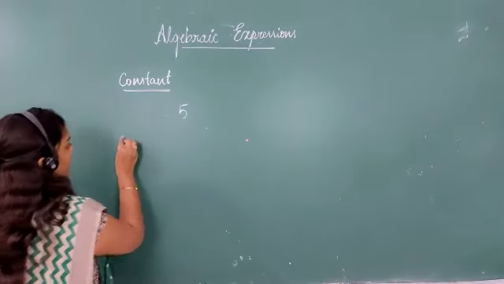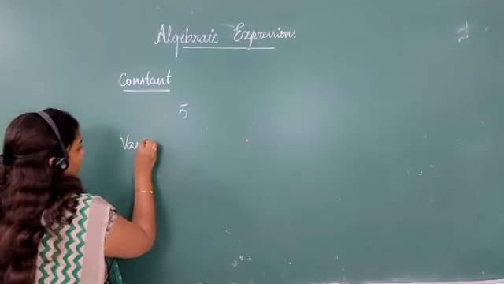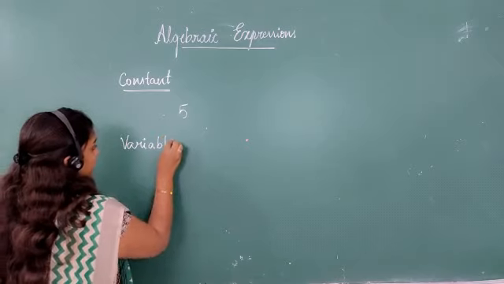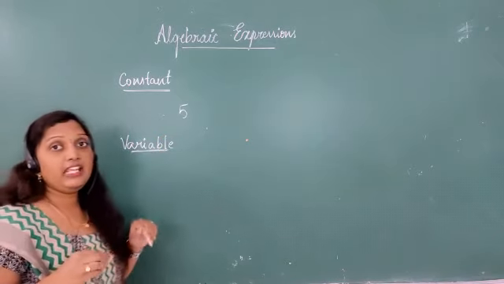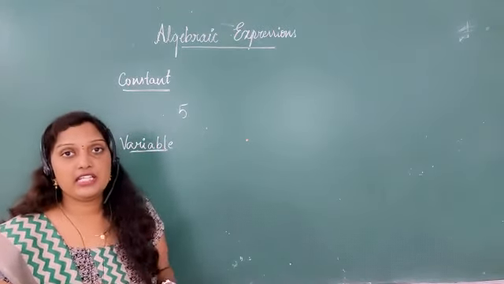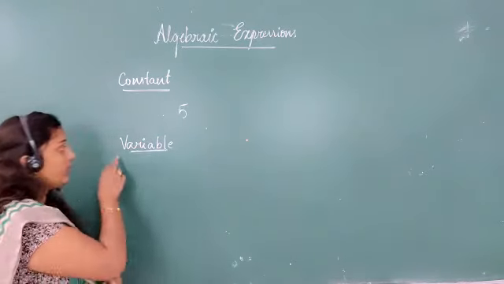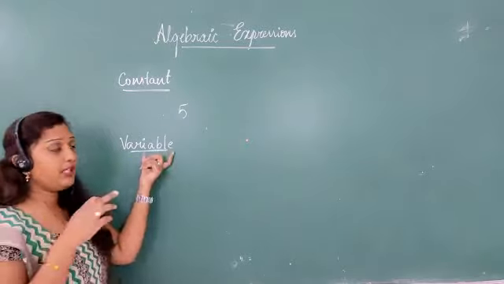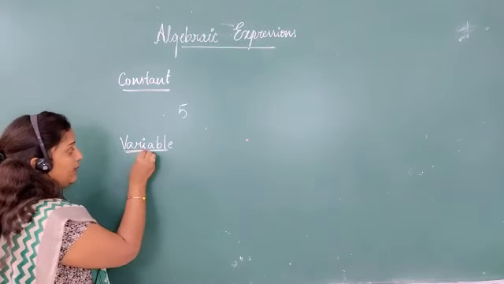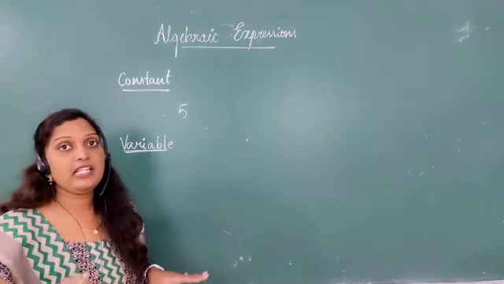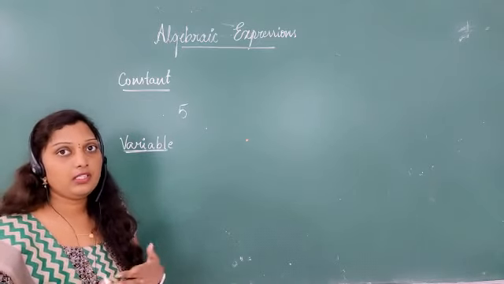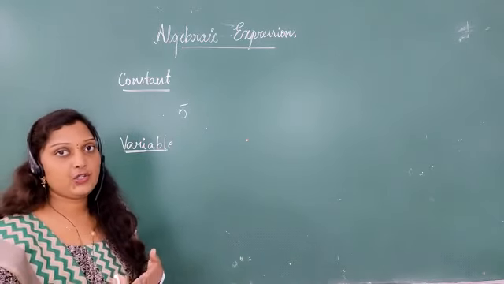The next one is variable. So what is a variable then? Any value that changes or varies. The name itself says it: vary means the value will be changing according to the need or the situation.